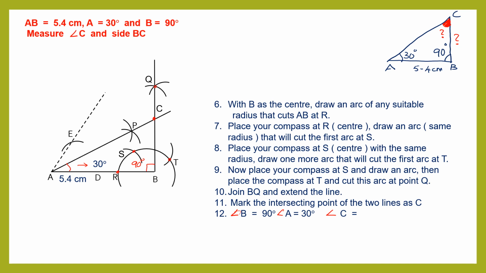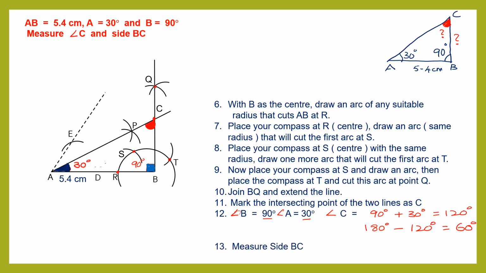So here we already have 90 degrees plus 30 degrees. Add it up, you get 120 degrees. Now take 180 degrees because all three angles should add up to 180. If we minus 120 from it, we get the third angle, and the third angle is 60 degrees. So that means angle C is 60.